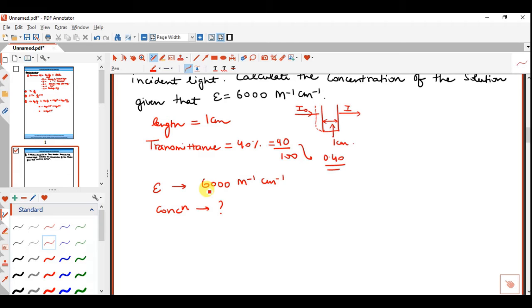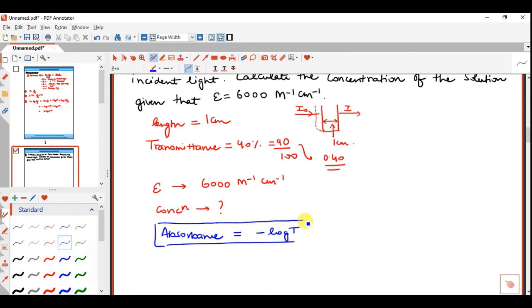I had just said absorbance is equal to negative log of transmittance. So this is the formula that we had just written down.